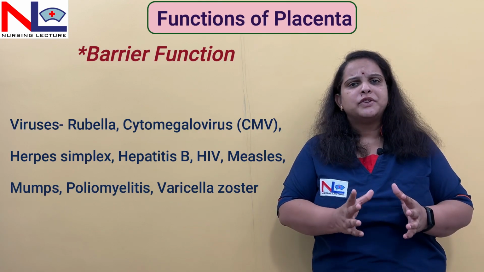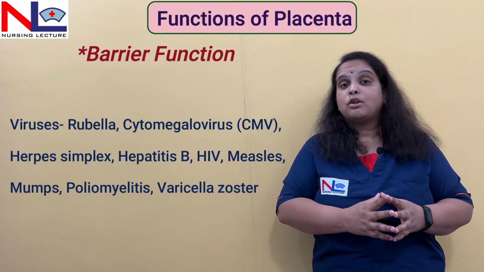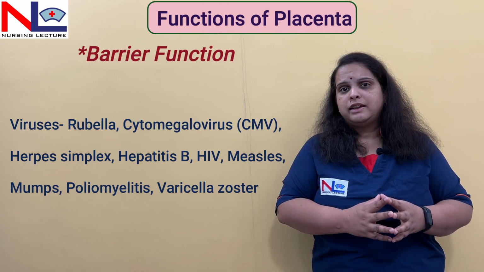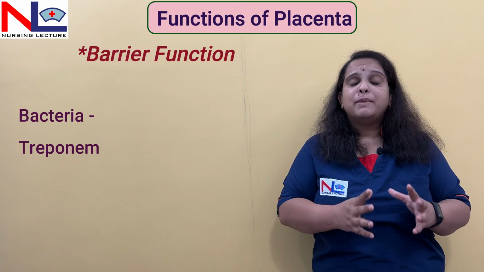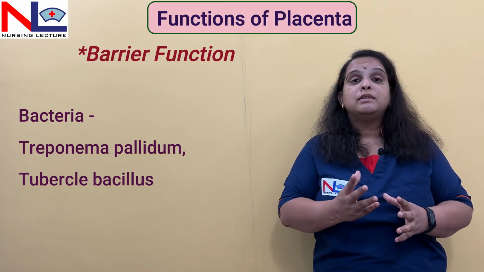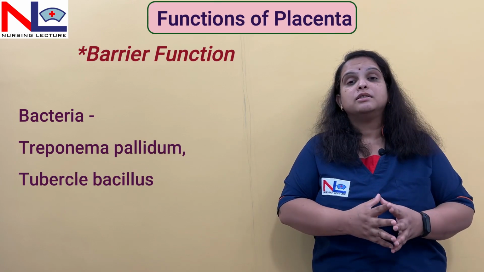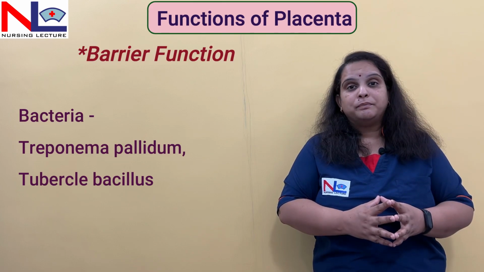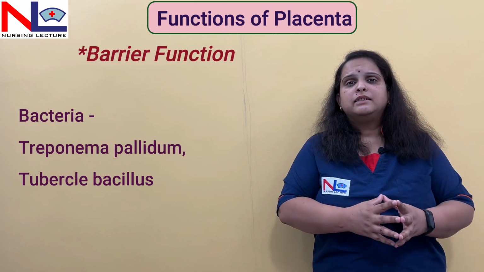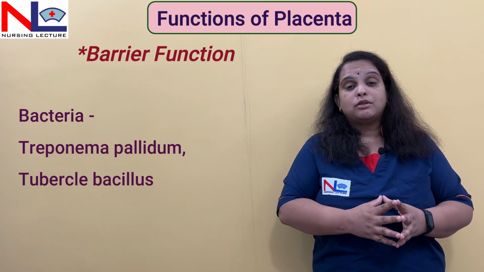These viral infections can easily cross this barrier and infect the fetus. In a similar manner, many bacterial infections like tubercle bacilli, which causes tuberculosis, and Treponema pallidum, which causes syphilis, can also be transmitted across the membrane.